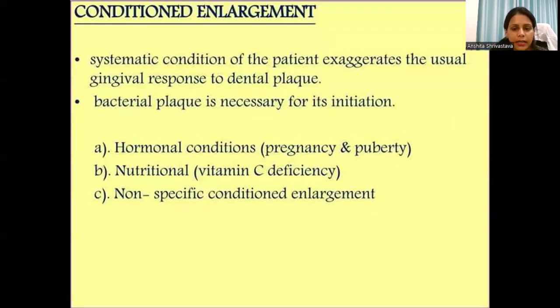Means the dental plaque, the local factor for gingival inflammation, is already there, but the systemic condition is exaggerating the usual gingival response. So this will be termed as conditioned enlargement, and here bacterial plaque is necessary for its initiation.